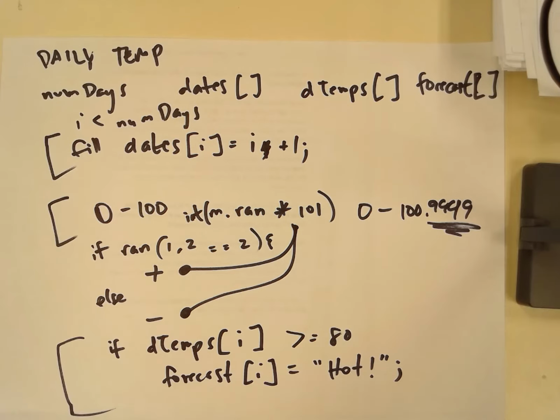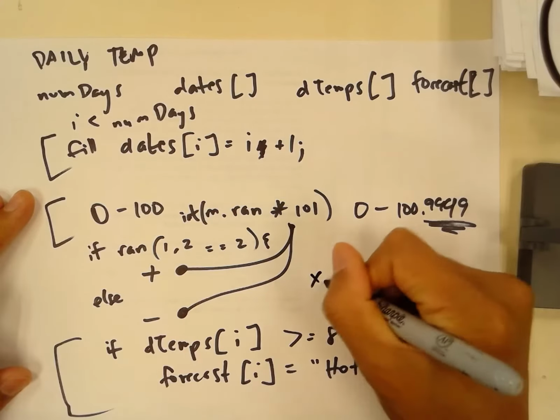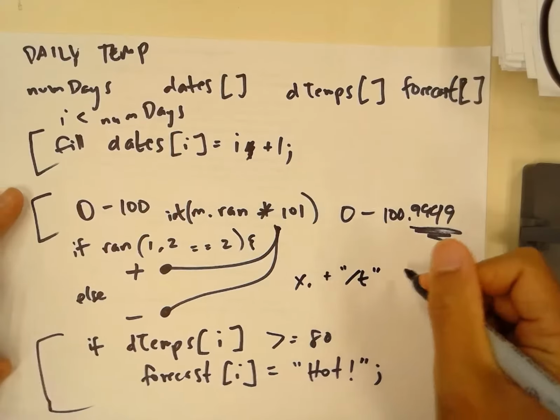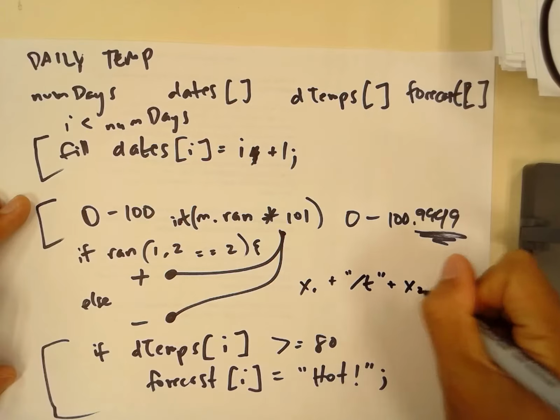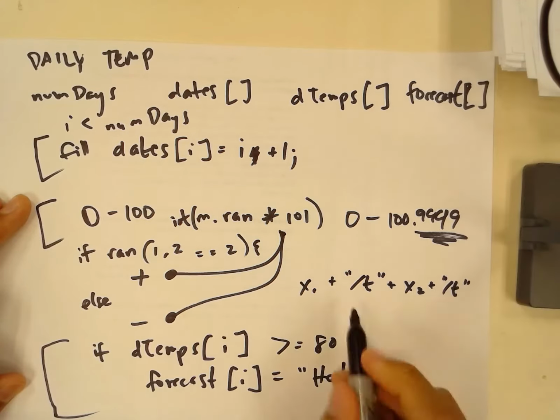And then the last thing is that we need to print everything out in columns, and the way that you print things out in columns is you're going to print out x1, and then you'll add a /t, right? And then we're going to add the second thing that you want to print out plus a /t, and so on.